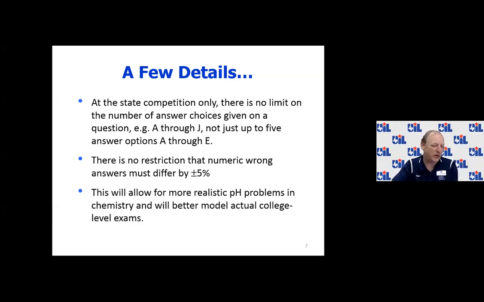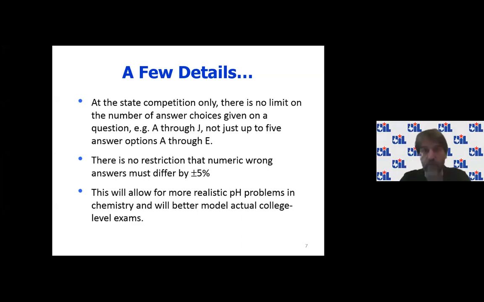Sometimes it's 4.8% off, but I try to keep them 5% or greater if possible, or very, very close to that. I'm not going to put answers that are 1% or 2% apart. That's just simply too close given the possibilities of rounding errors. So that 5% is kind of what I shoot for. Sometimes it's just a little under that, but that is the goal, at least, that or greater.